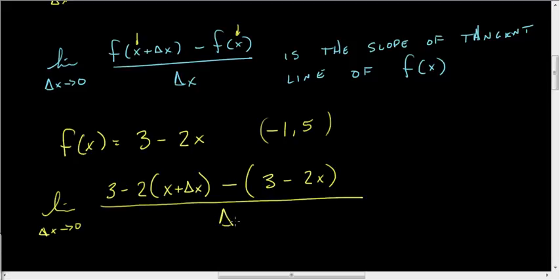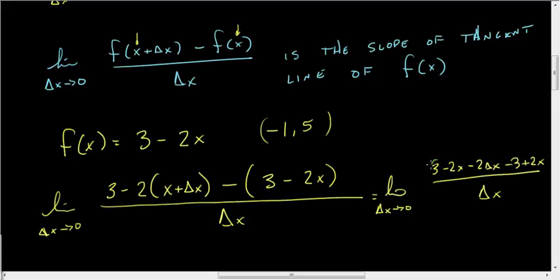And so as we expand this, we have the limit as delta x tends to 0 of 3 minus 2x minus 2 delta x minus 3 plus 2x all over delta x. Okay, but here we have a 3 and a negative 3.